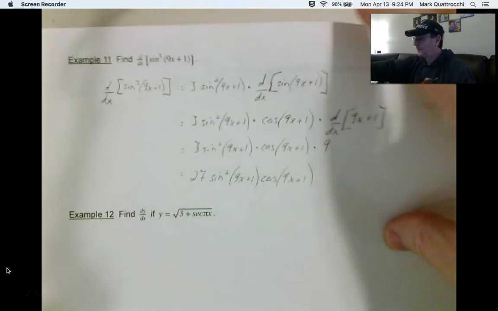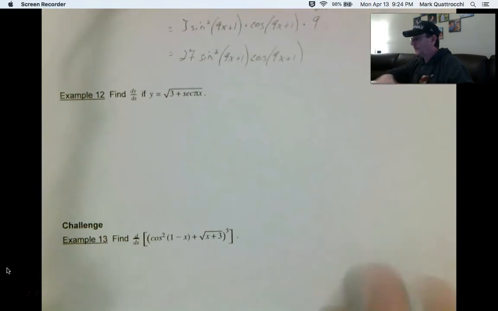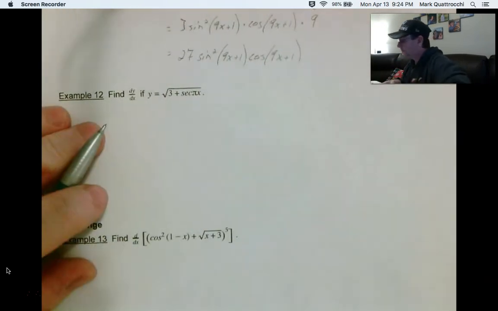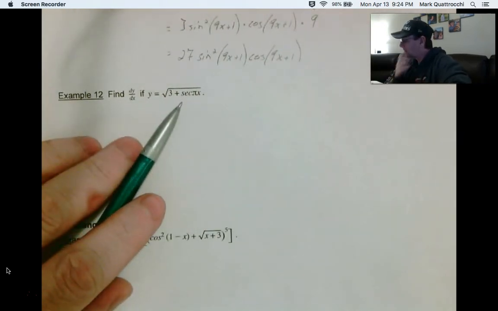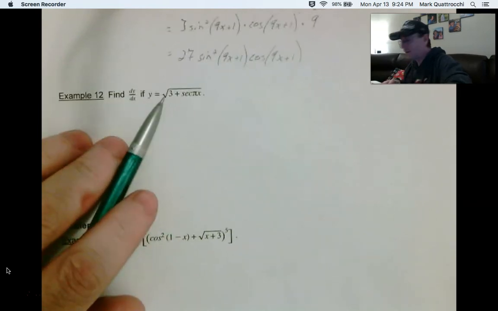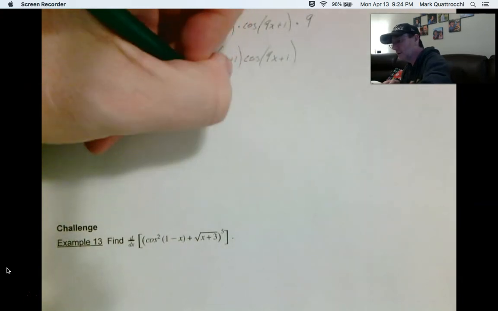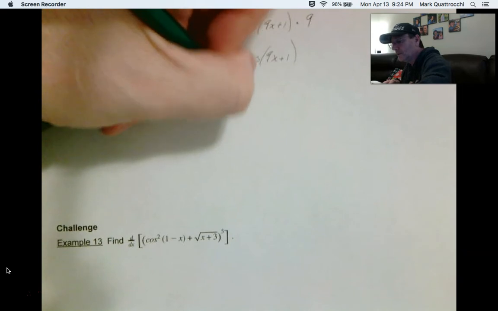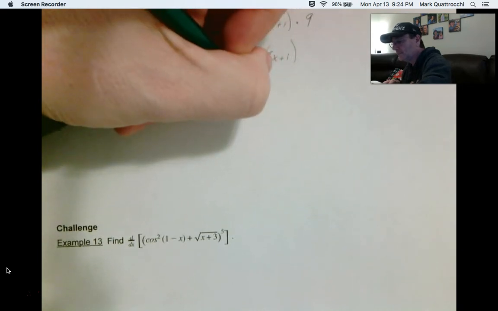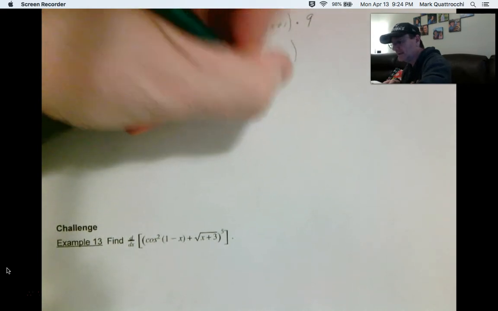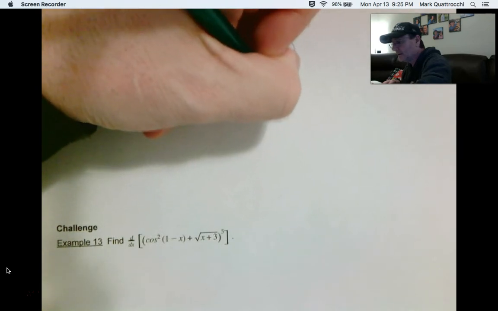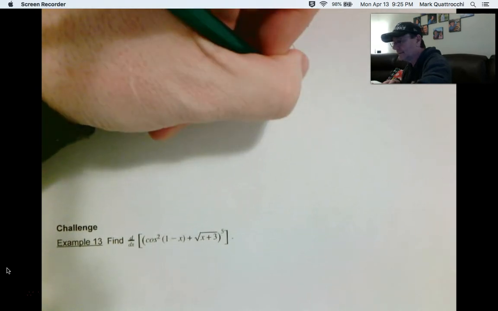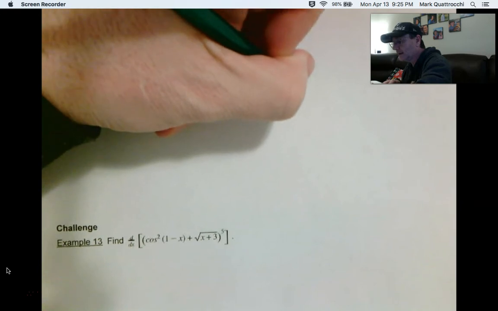Example 12. I'm going to rewrite this as y equals 3 plus secant pi x to the 1/2 power.